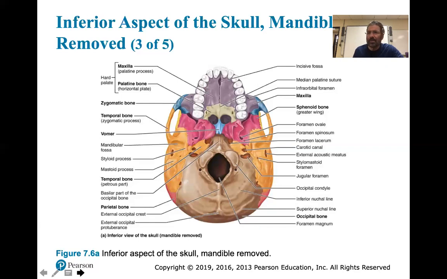And if you're like me, sometimes there's that one or two cranial nerves that no matter how many times you pound your head into it, you just literally forget it. So don't get frustrated. If you don't remember it, start using process of elimination. Well, I know it's not 7 or 6 or whatever, and I know it's not this, so it has to be, and you'll be able to figure it out.